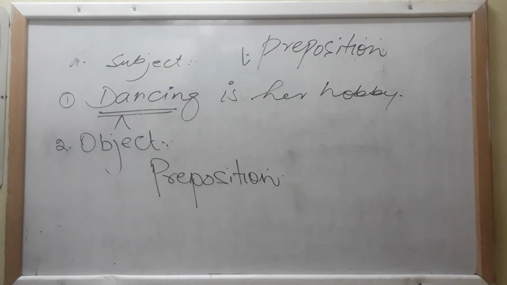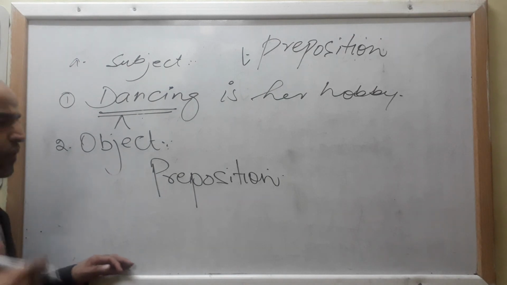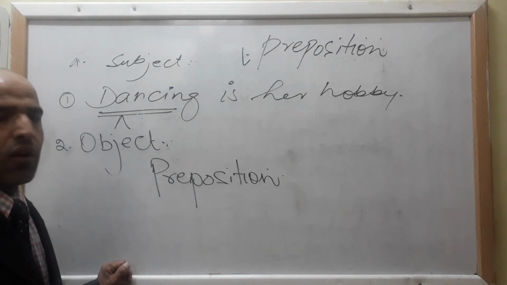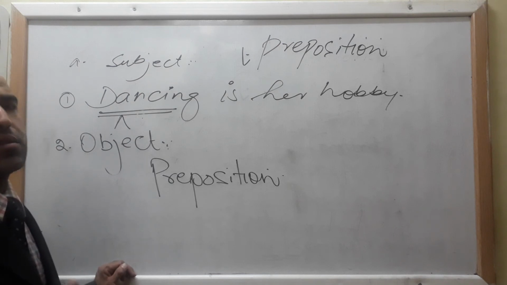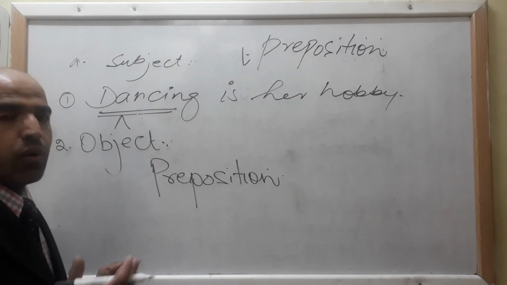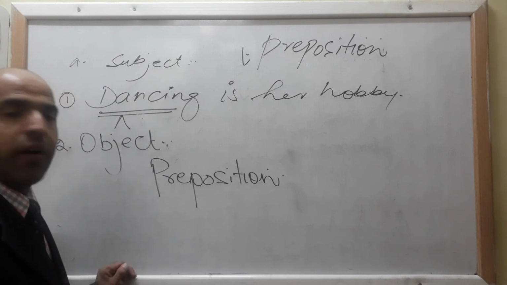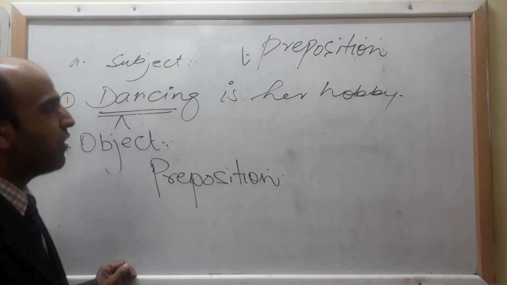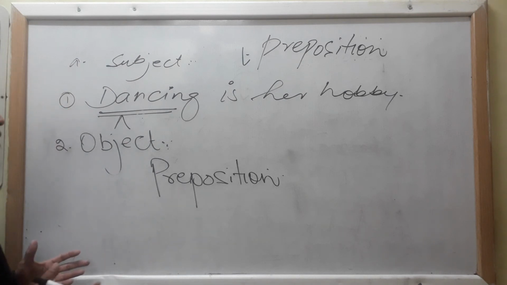Dear students, there are certain words after which we definitely use gerund. For example, accustomed to, accused of, habituated of, looking forward to. All these words, there are many words. Clear?